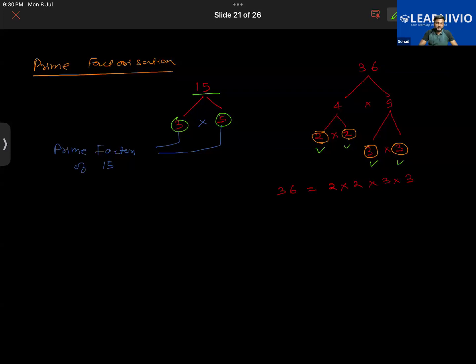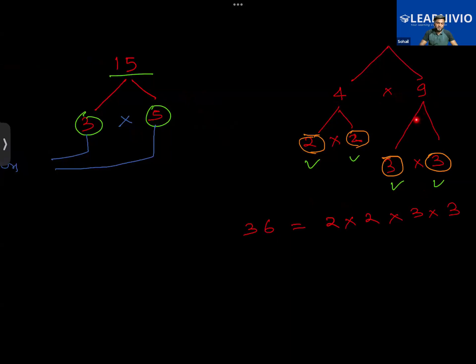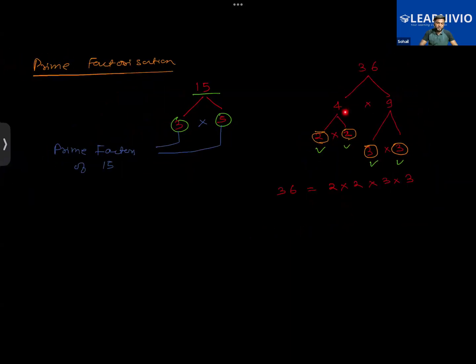Originally it was written as 4 times 9. Later on the 4 was broken into 2 times 2, and 9 into 3 multiplied by 3. So we can write it like this now. These are the prime numbers, the prime factors of the given number 36.